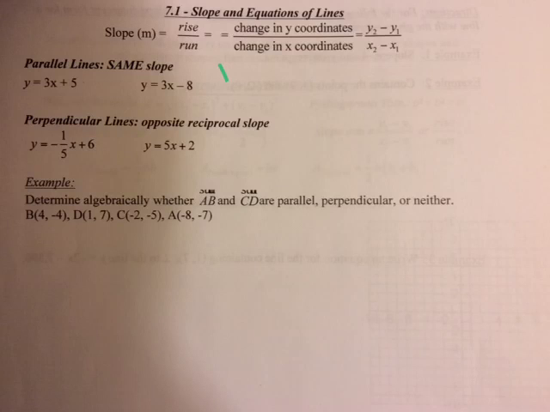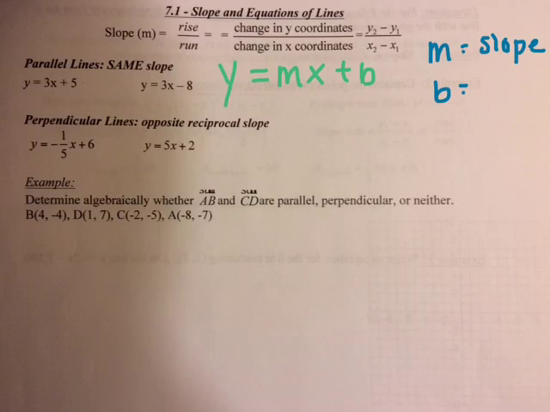These equations are written in y equals mx plus b form, where the m is the slope and the b is the y-intercept. So with parallel lines, we want the same slopes because they're going in the same direction and they're never touching.